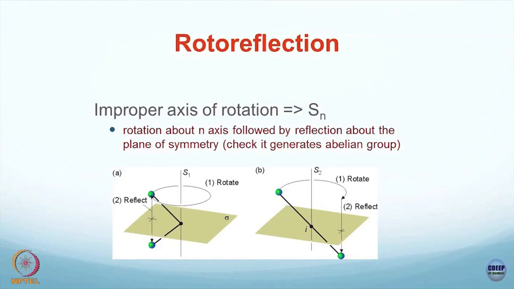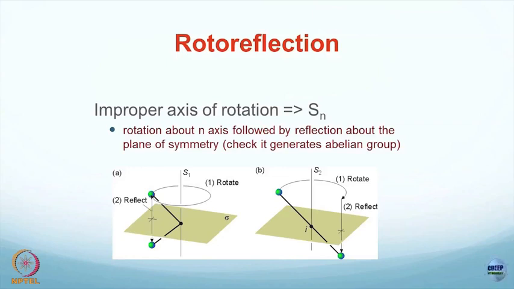Subscript 1 means you do no rotation at all. So, you have an element, rotation about the n-fold axis is the identity operation, and then you do a reflection about the plane, which means this element goes here below.